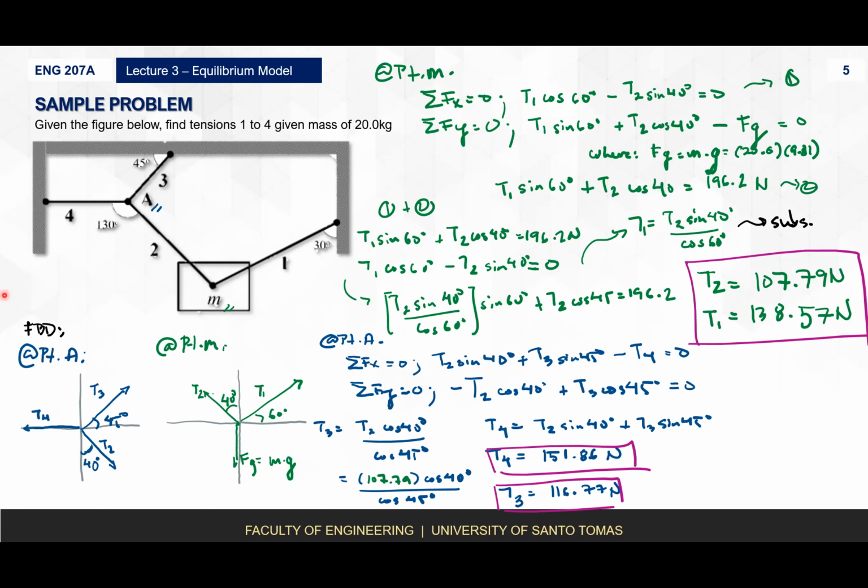Even if gawin mo siyang, wait lang, where's my pen dito? Even if gawin mo siyang ceiling, ganun pa rin, di ba? You still have to, you're gonna come up with 60 pa rin, di ba? Even if gawin mo siyang ganyan, meron pa excess dito at 90 degrees o 120, pero you still have to come up pa rin with 60, eh. Kasi you have to cut it up pa rin naman, eh. Correct?